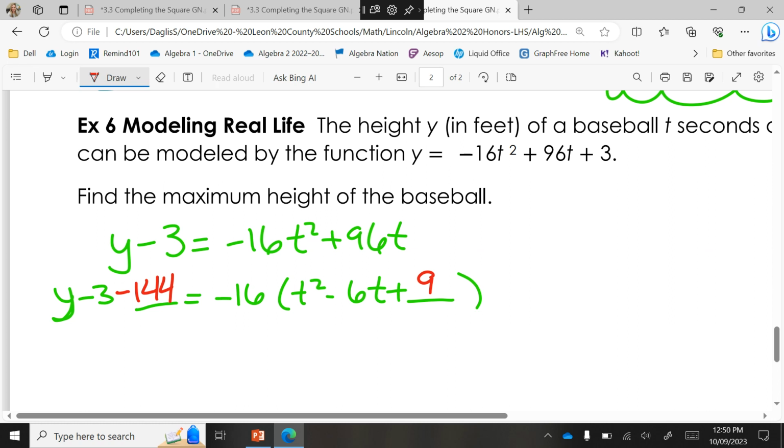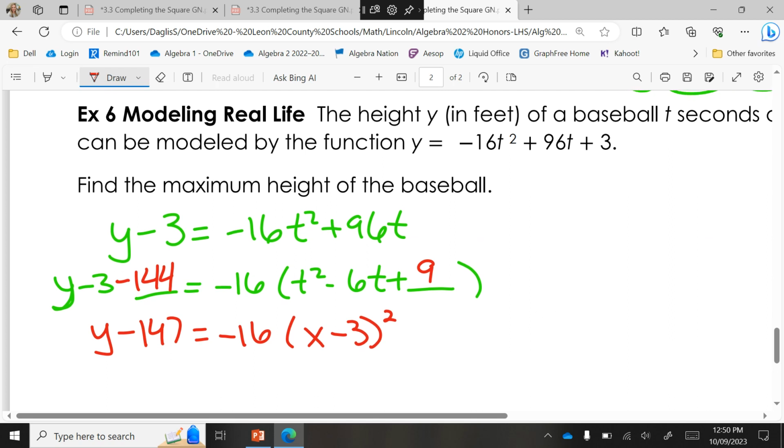So my left side is going to be y minus 147 equals negative 16. This is now x minus 3 squared. I don't know, because I like x better than t. Sorry, thank you.